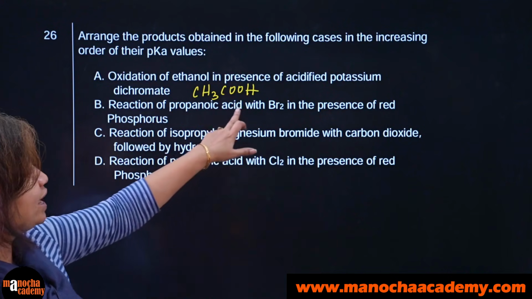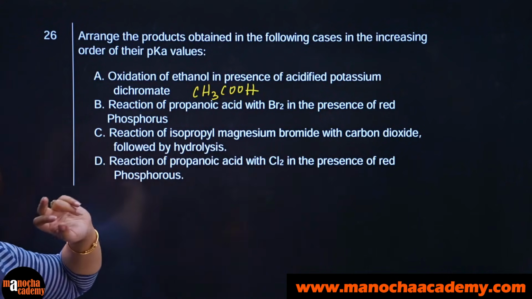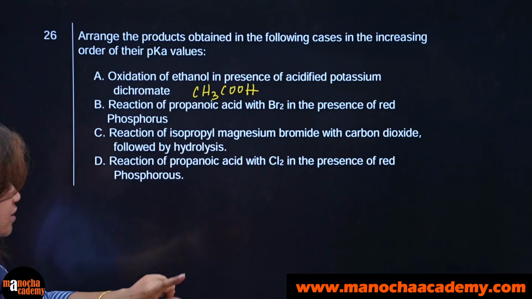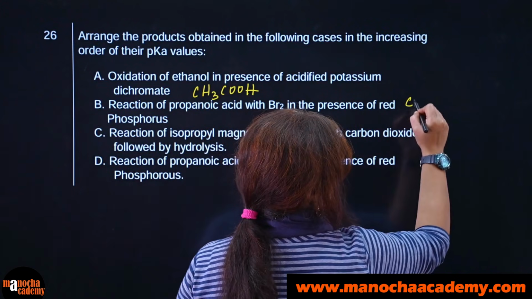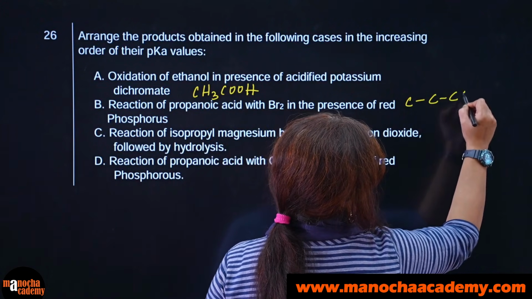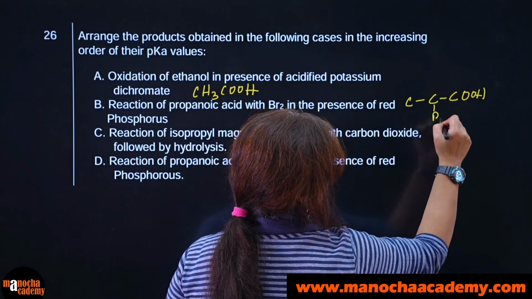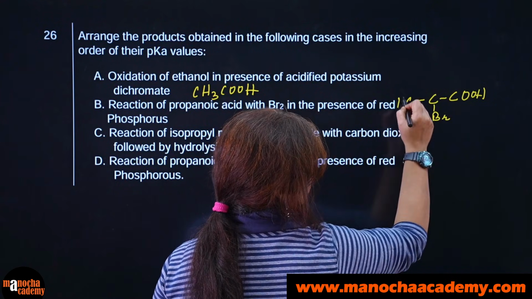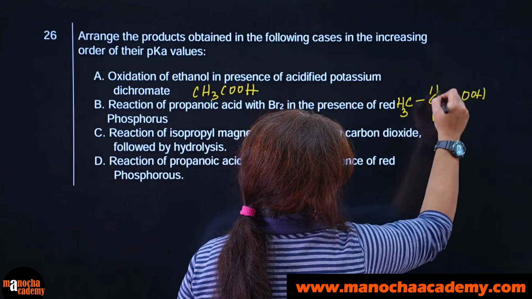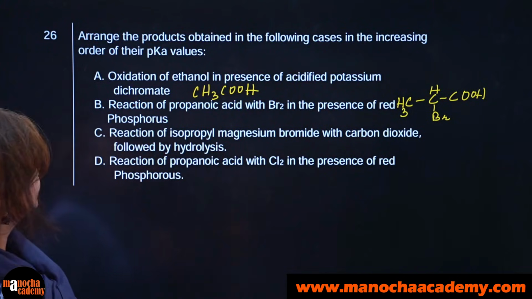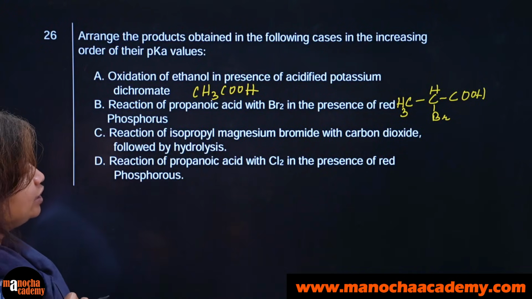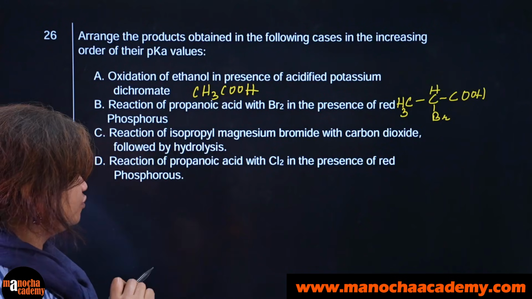Reaction of propanoic acid and bromine in the presence of phosphorus. We know that the alpha hydrogen is getting brominated. So propanoic acid means 1, 2, 3 and here it is COOH. The alpha carbon is this, and it is getting brominated. HVZ reaction, if you remember. CH3, CHBr, COOH. Next, reaction of isopropyl magnesium bromide with carbon dioxide followed by hydrolysis.